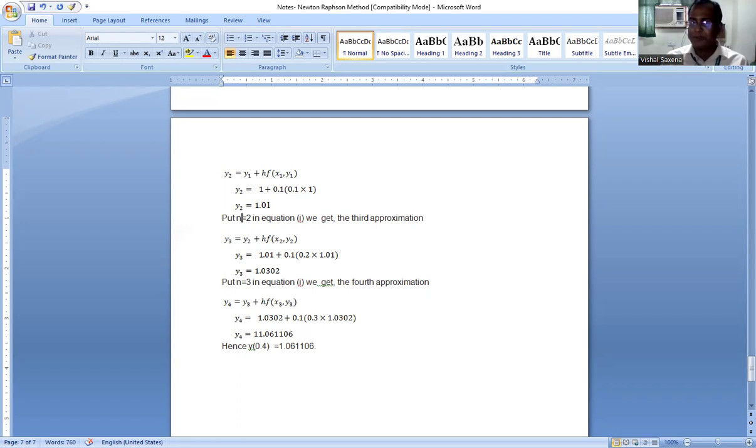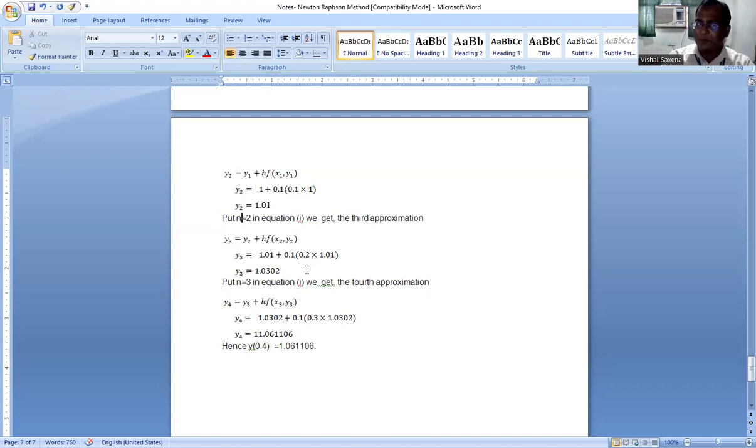Y2 is already obtained as 1.01, plus h into function f(x2, y2). So h means 0.1, and in the function, x2 means 0.2 and y2 is 1.01. Solve this term to get the value of y3. So y3 is the value of the solution, and it corresponds to the value of x3.